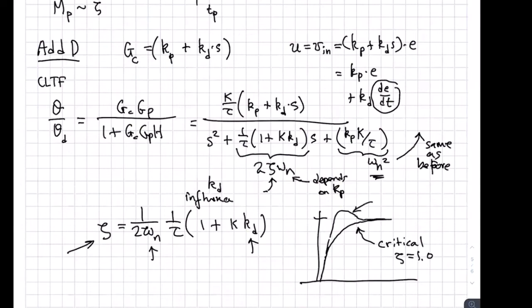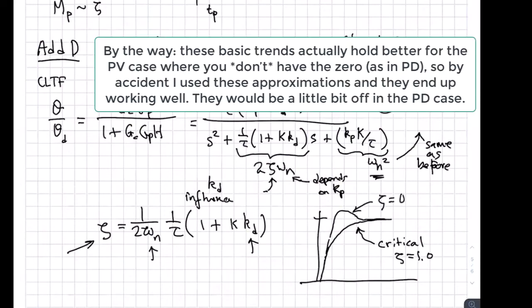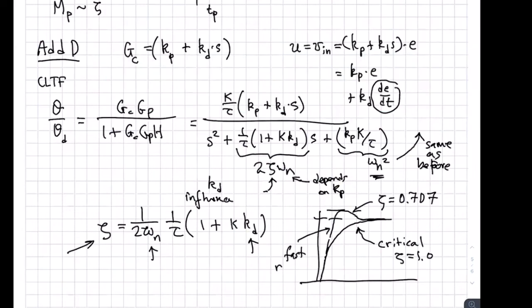This ends up being a good design value, 0.707. This gives you minimal overshoot with one overshoot, and also fast rise time, right? So those are two nice design values, and I'm going to ask you to find the KP and KD that give you those values and see how well you could predict that in the lab.